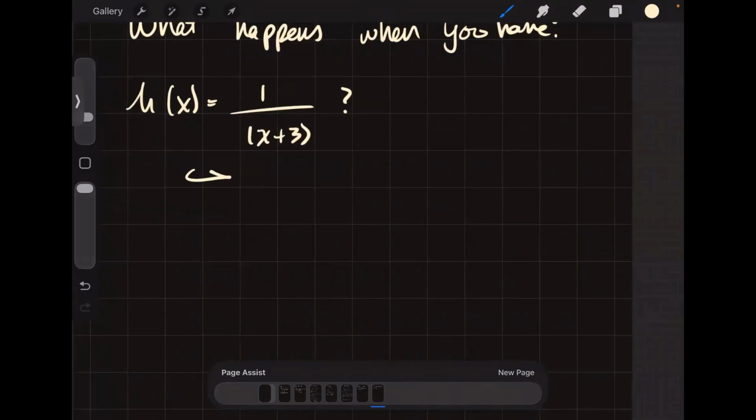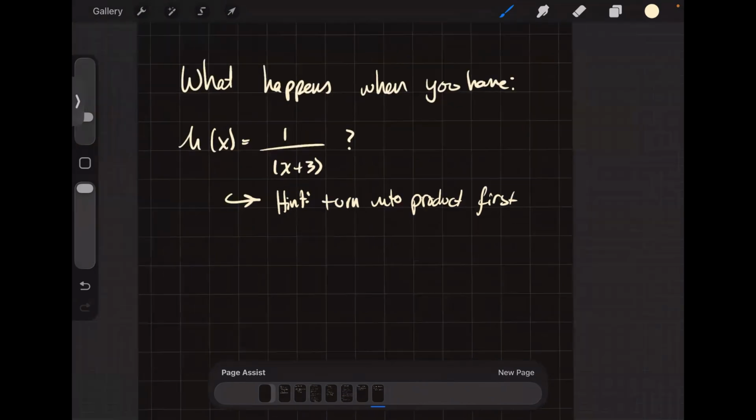And my hint for you is, turn it into a product first and then differentiate. Okay. So I'm going to give you guys a second, and then we'll loop back.